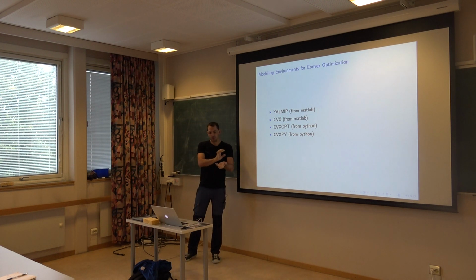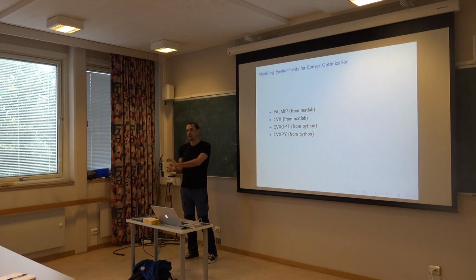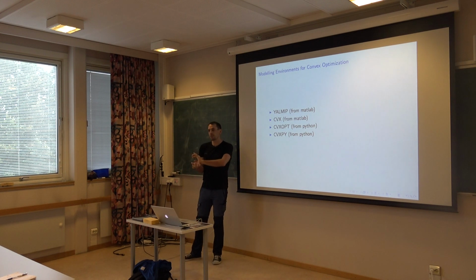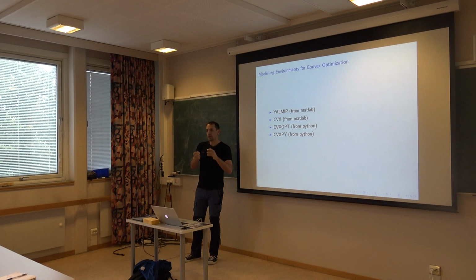So what people have done is put on the user the burden of writing a convex problem, but in a smart way: it forces you to write the problem in such a way that it has to be convex in the end. It limits how you use the functions in the cost and constraints, so that they are convex operations or convexity-preserving operations, and you end up with a convex problem.